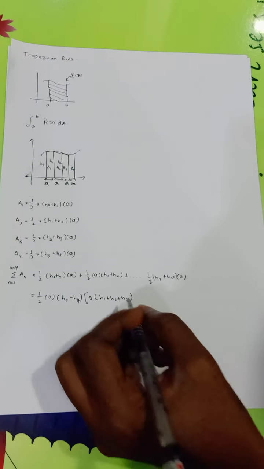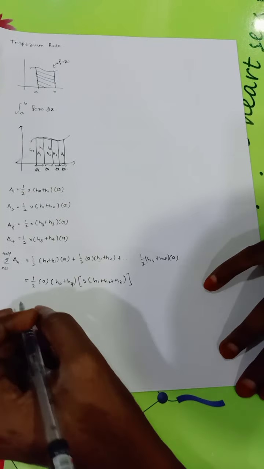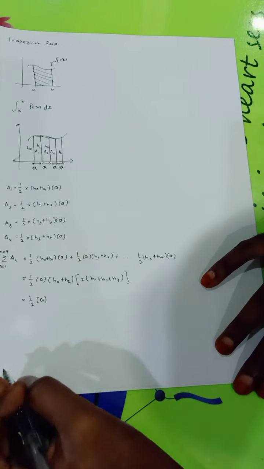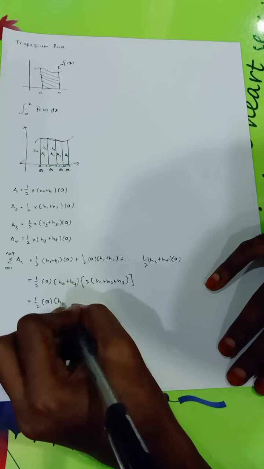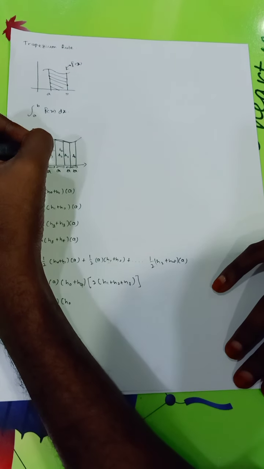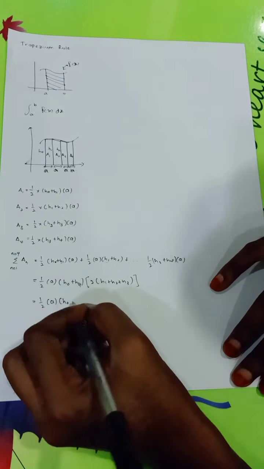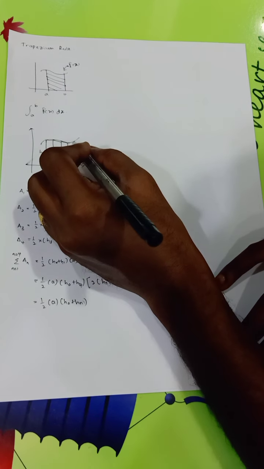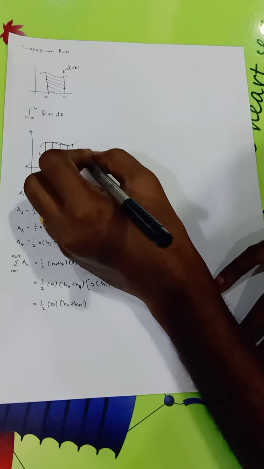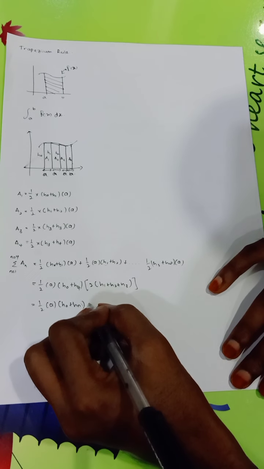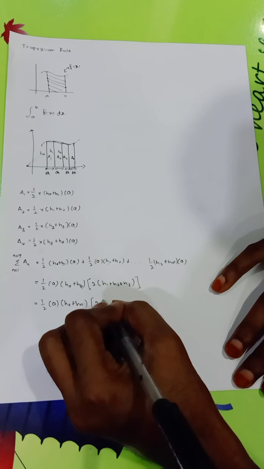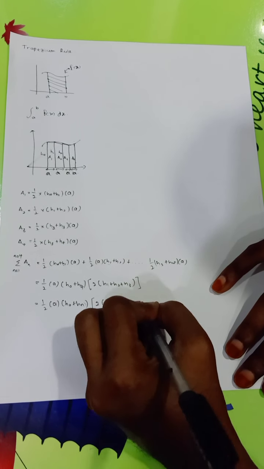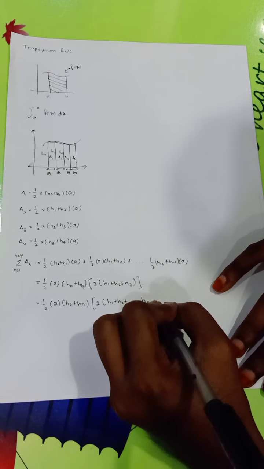Okay. So in general, I can rewrite this as 1/2 A, where A is the width, multiplied by H0, the first height of the trapezium, plus Hn, where n refers to the last height of the trapezium, plus 2 multiplied by (H1 plus H2 plus until Hn minus 1).